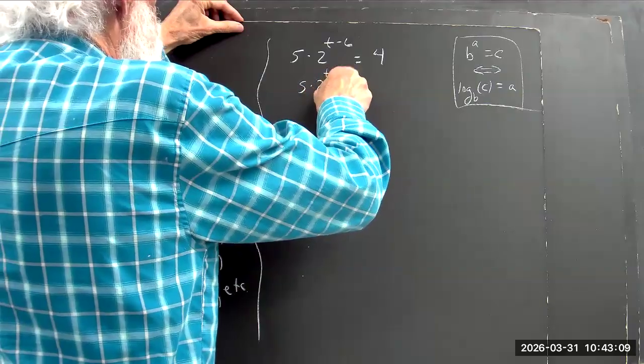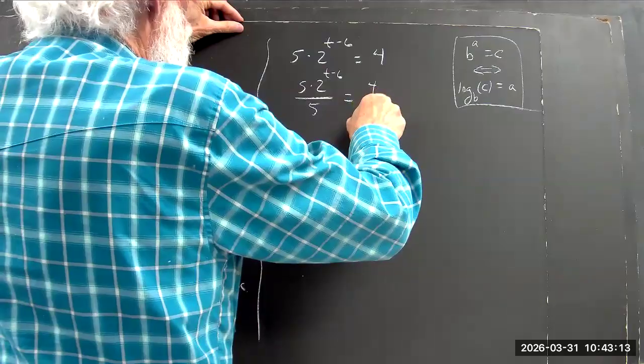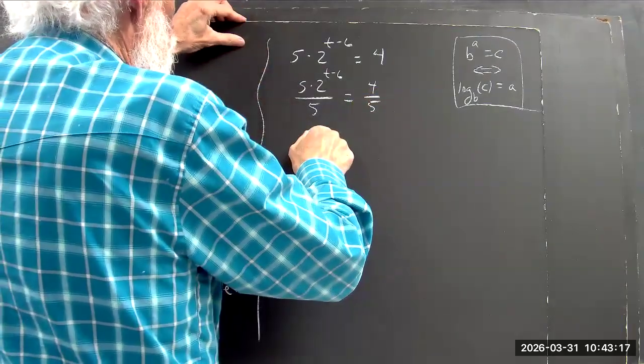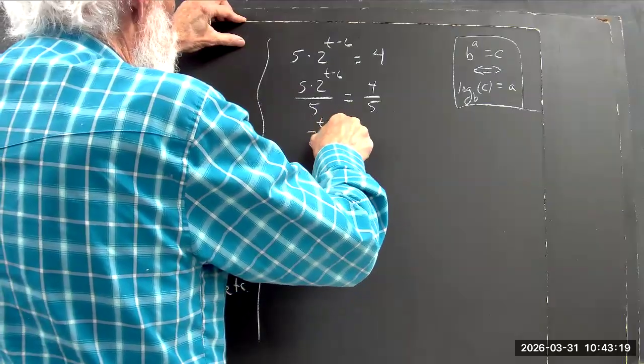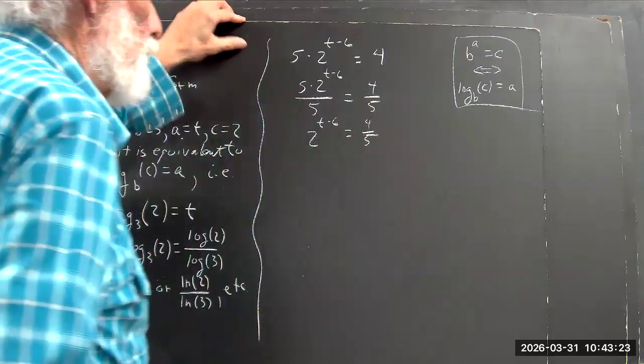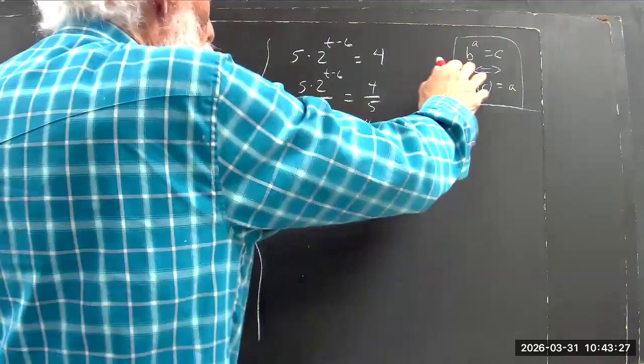So we can write 5 times 2 to the t minus 6 divided by 5 equals 4 divided by 5. And the 5s will divide out on the left-hand side, giving us 2 to the t minus 6 equals 4/5. Now we can apply the rule.